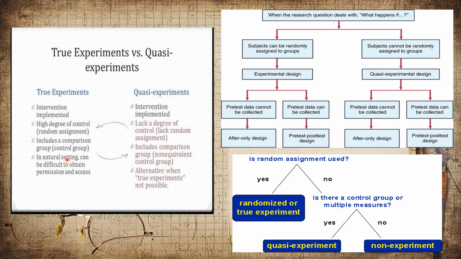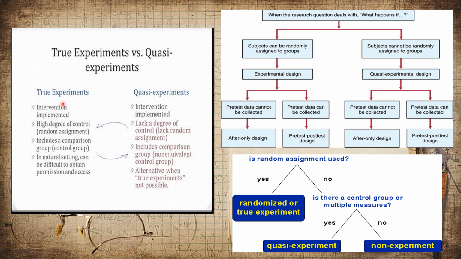In true experiment, it includes a comparison group, same with quasi-experiment. But in quasi-experiment, it is a non-equivalent group, and for true experiment, a control group. For true experiment in natural settings, it can be difficult to obtain permission and access, because natural settings are good for quasi-experiment, and the laboratory is good for true experimental design.